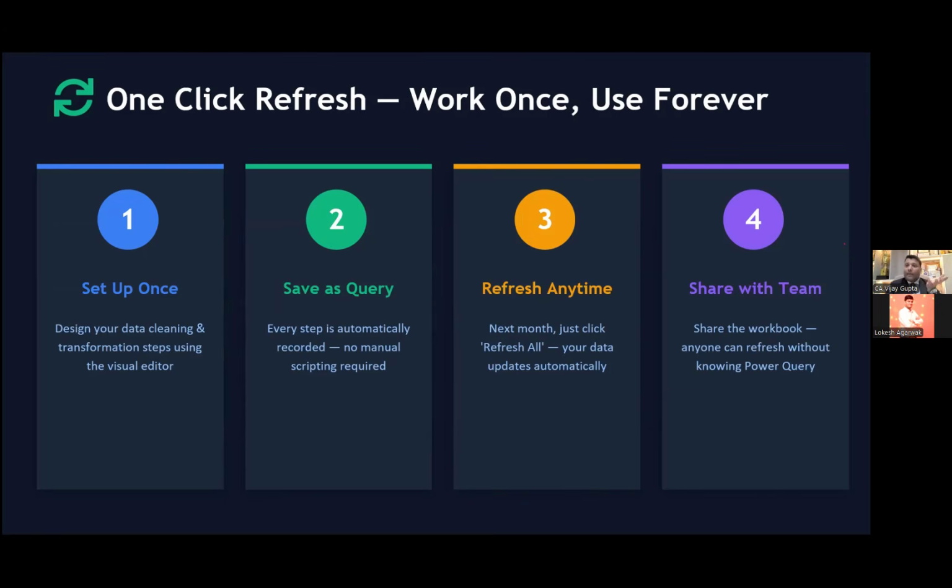We create a die of an automation, and once created, we can use it on n number of sheets with n number of data and line items, and the work is done automatically with just one refresh. So we set up once, save the query, then refresh it, and it's done.